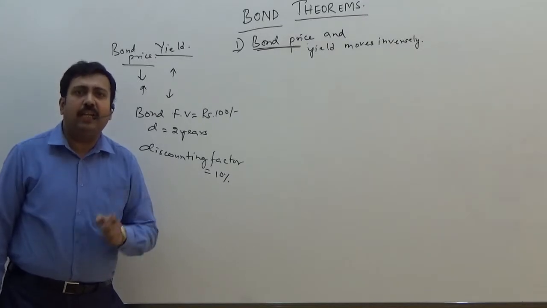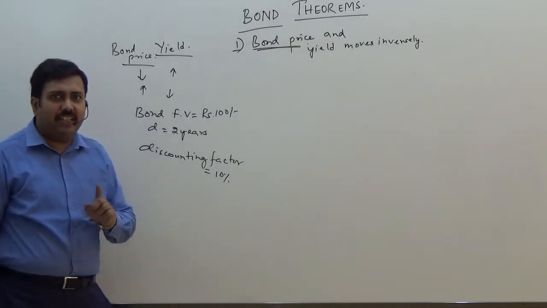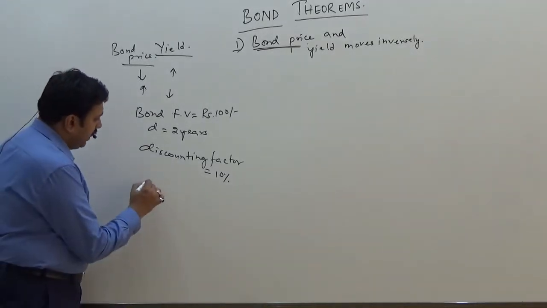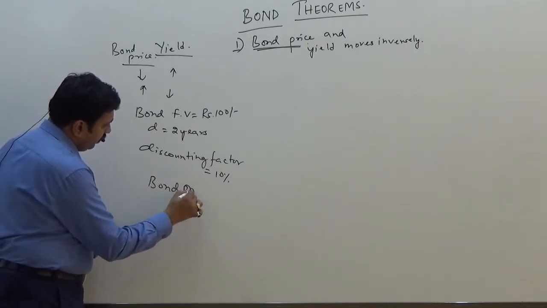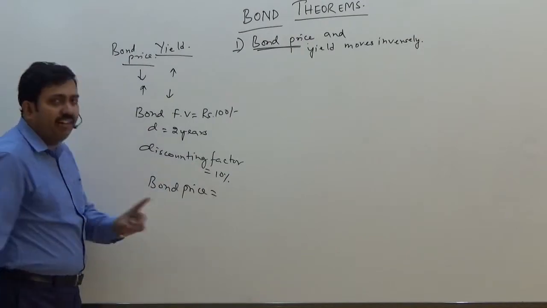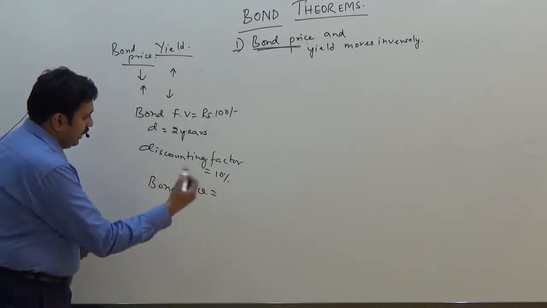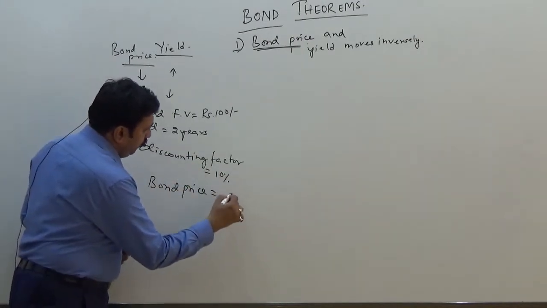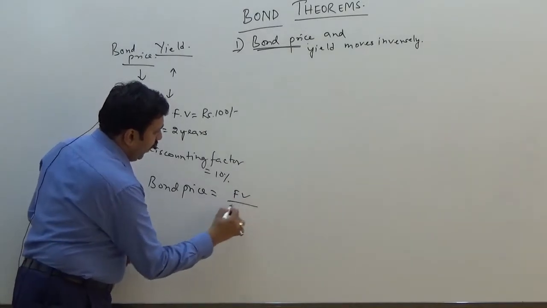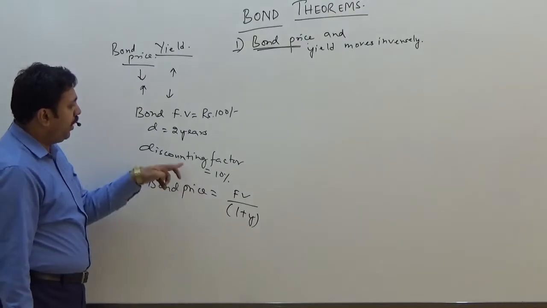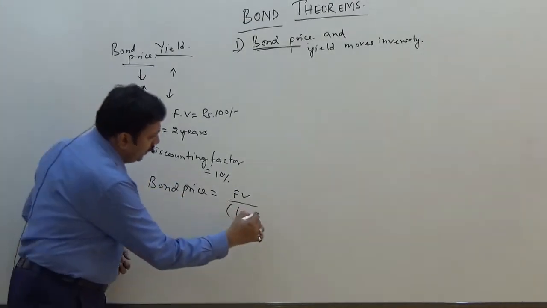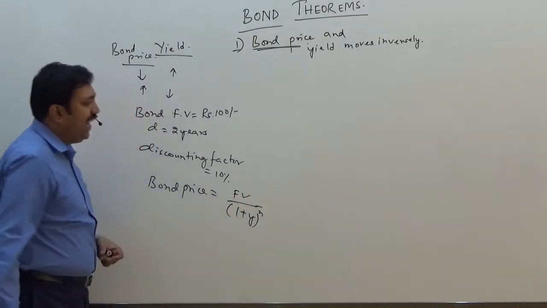The bond price is 100, that is the face value, divided by 1 plus yield, or 1 plus discounting factor, to the power of n.